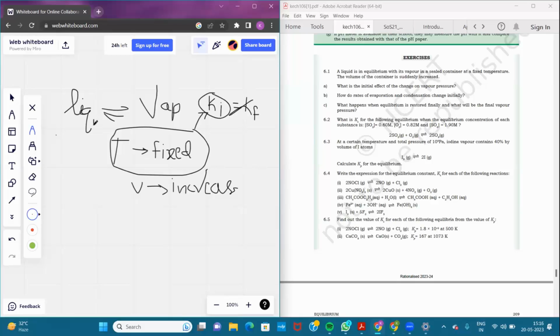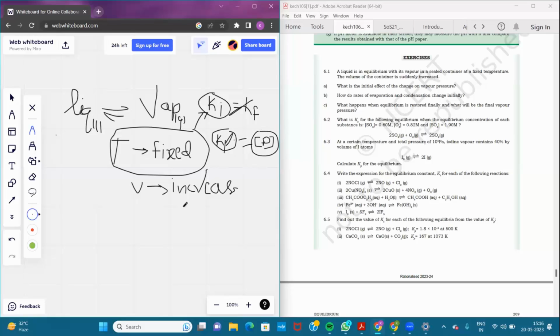Here, this is liquid and this is gas. As this is a gaseous phase reaction, Kp is defined. We can write Kp equals to pressure of vapor. As Kp is fixed, we'll get vapor pressure is also fixed.